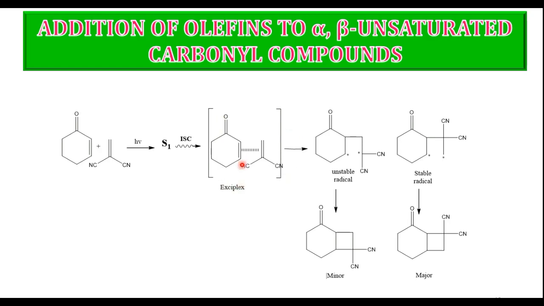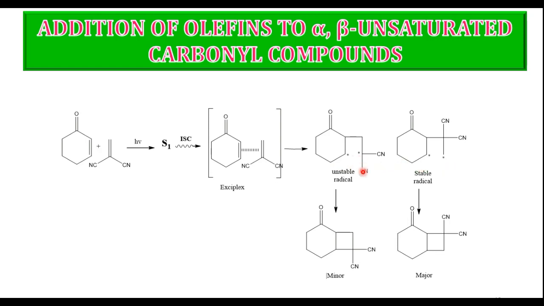Now it makes a sigma bond between the alpha carbon and the olefinic carbon. This olefin can be oriented in two orientations. One orientation gives a radical at the carbon of the two cyanide groups. Another one is this intermediate. So two intermediates are formed.